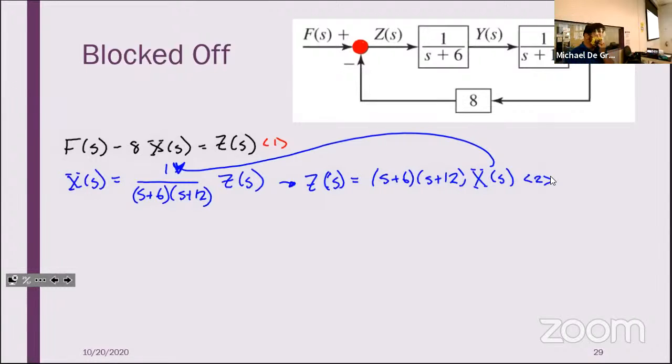I presumably want the transfer function from my overall output to my overall input, so x of s. I'm trying to create x of s over f of s. By the rules of block diagram algebra, these two being in series means that you just multiply them together.